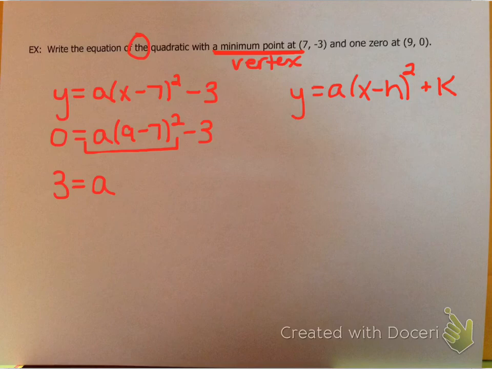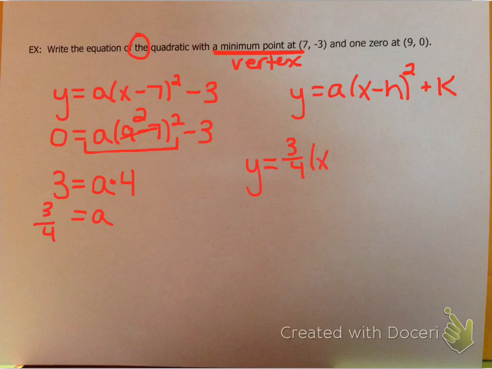And then 9 minus 7 is 2, and then squared is 4, so it's a times 4. And so that means that my a value is 3/4. So my vertex form is y equals 3/4 x minus 7 squared minus 3.